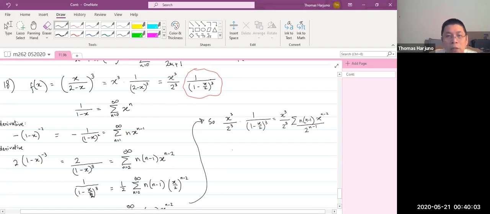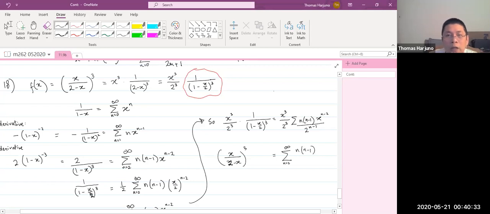So finally, x over (2 minus x) cubed is now equal to the series from 2 to infinity of n times n minus 1.